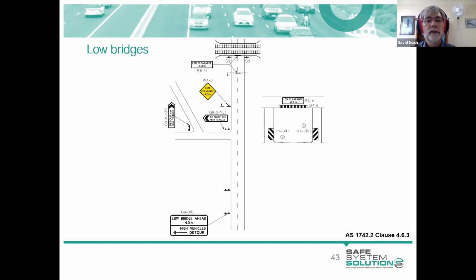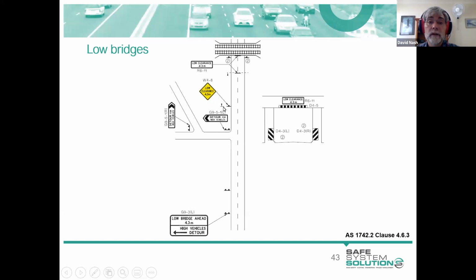Okay, so low bridges, it's important to sign them. Don't want people crashing into bridges. As I think I might have mentioned last time, it's the low clearance sign, which is mounted on the bridge itself or on a gantry before the bridge. That is the regulatory sign. And these other signs are not regulatory, they're just advisory or traffic instruction signs.